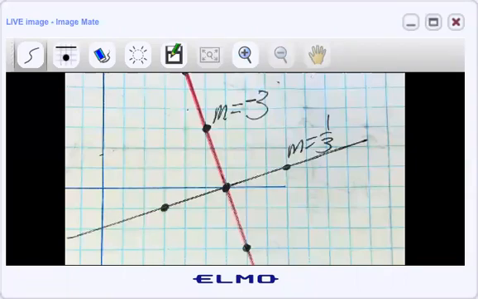Anybody see, or do you recall from algebra? I know that these are the slopes of two perpendicular lines. They're not the same, but what are they? Dig deep into the recesses of your brain. I know you remember this.